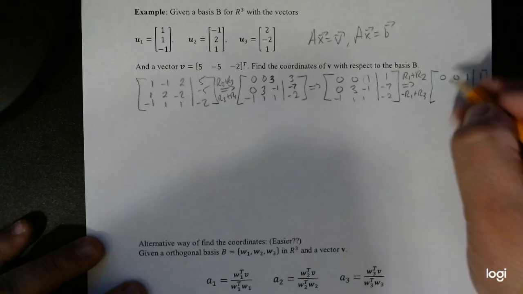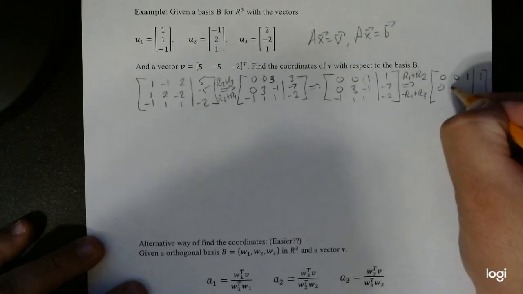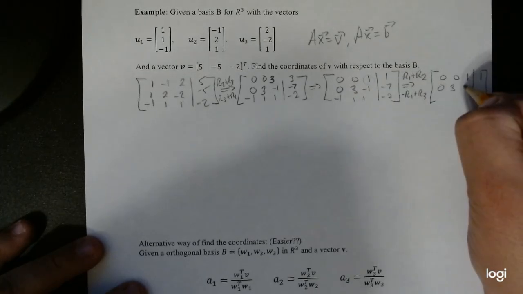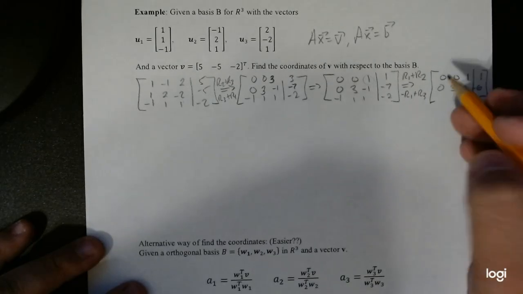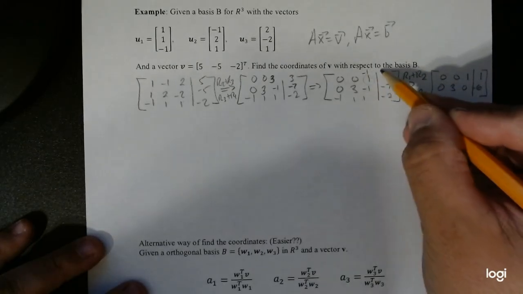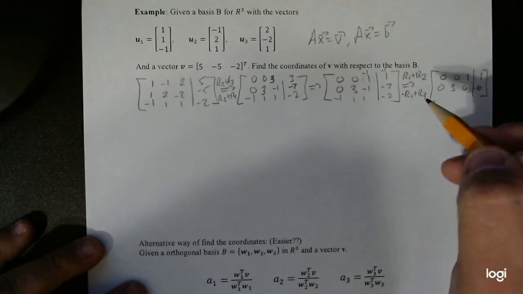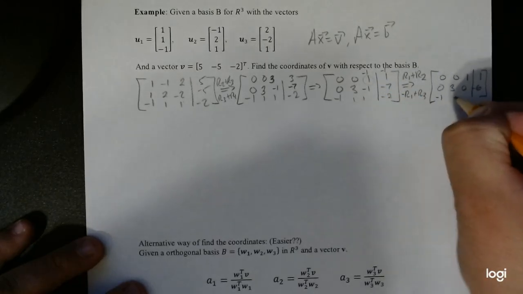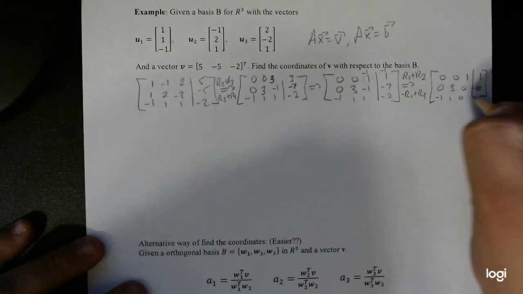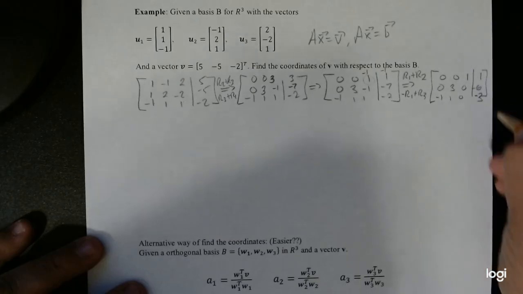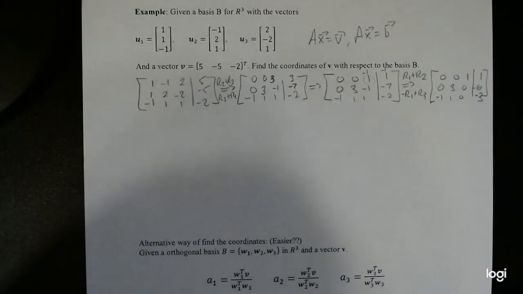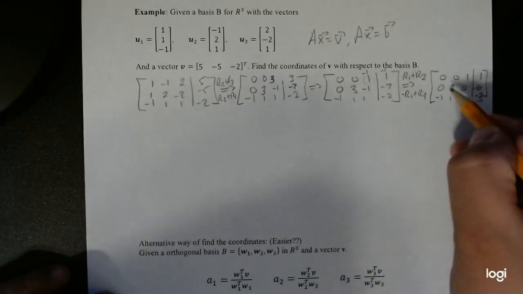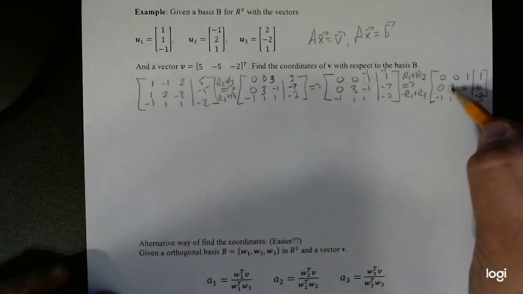Yep. And then just pop a negative and just add it to row 3. And we're pretty much almost done there. Okay. So now I just divide this by 3 and just get rid of that.